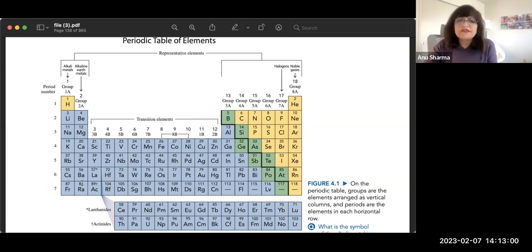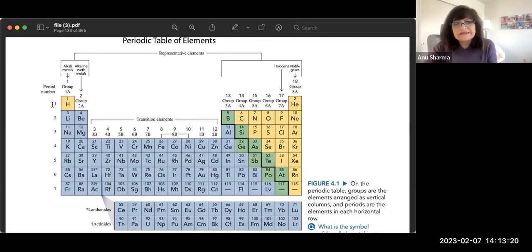The middle ones are the B groups. Next, we also have these periods. There are 7 periods here, and a total of 18 groups, but they are divided into A and B. The A groups are the more representative elements, more commonly found.